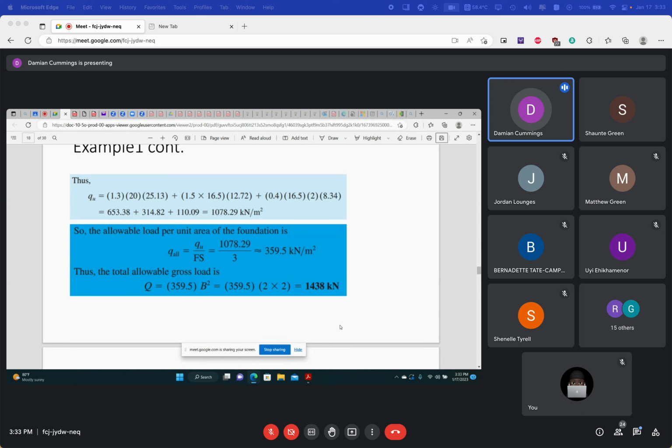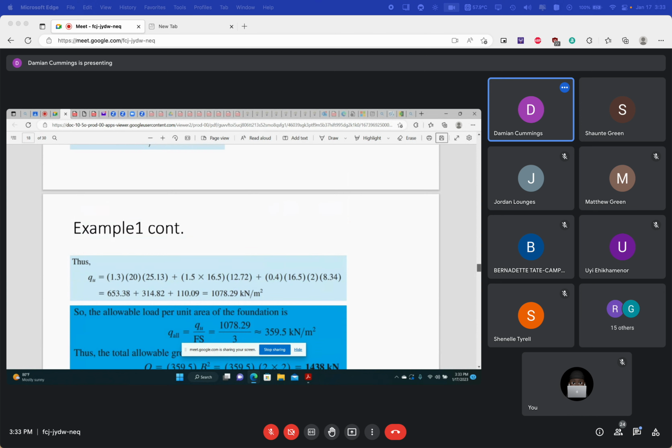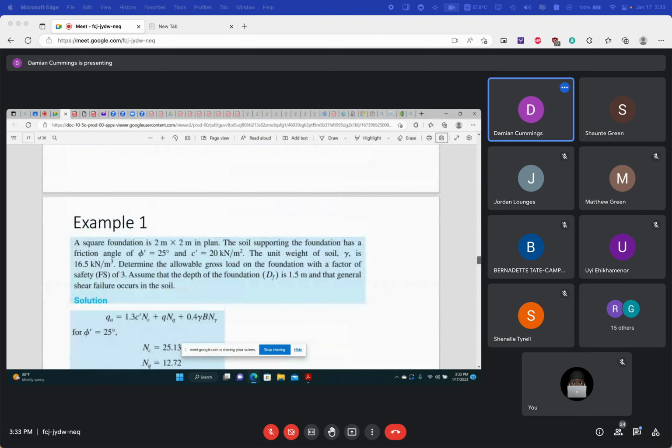Thus, the allowable gross load is Q equal to 359.5 times B squared. Sorry, what are we asked to find? So the allowable gross load.